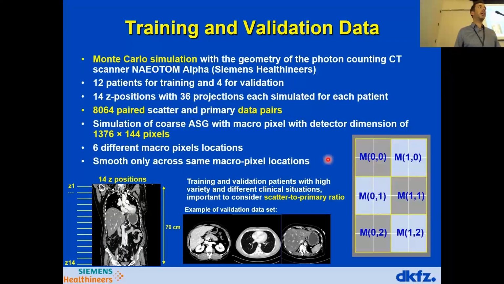Also, in the training and the validation, it is important to consider different scatter to primary ratios, and also to have a look at different clinical situations, so that the network will be trained to really see a lot of different patients and situations.